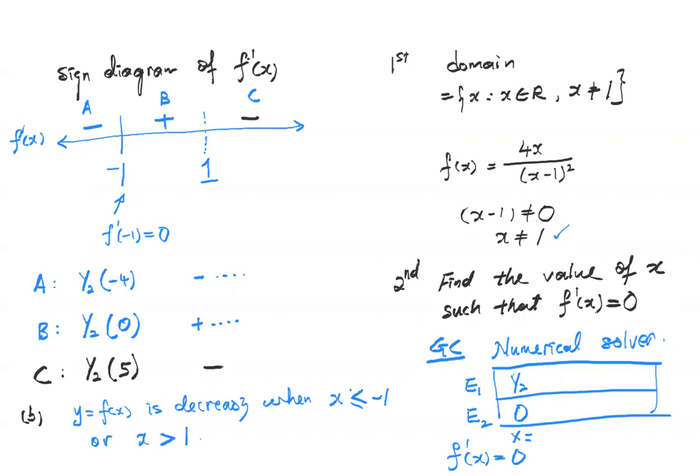I cannot put equal sign there. Do you know why? Because, yeah, dotted line. And y equal to fx is increasing when x is between -1 and 1. That's it. That is the reason why we draw the sign diagram of f prime x.